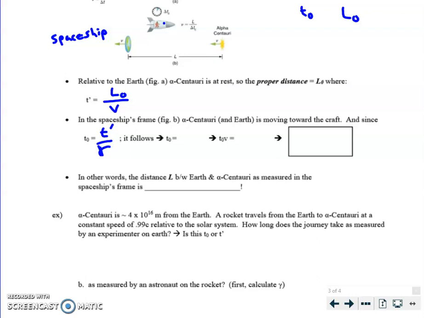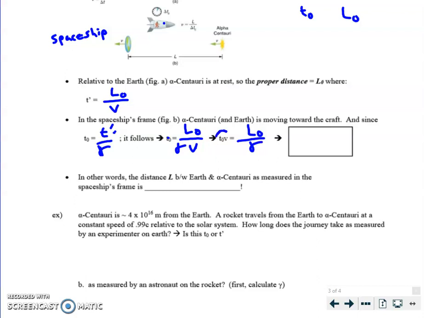So it would follow then that if T prime is L naught over V, and I substitute it in here, then I get that the proper time is the proper length divided by gamma times the velocity of the spaceship. And if I cross multiply, I get T naught times V is simply equal to the proper length divided by the gamma factor.